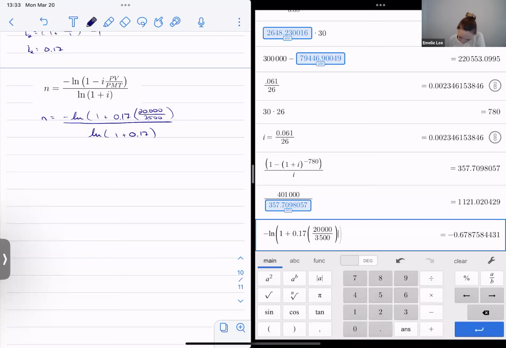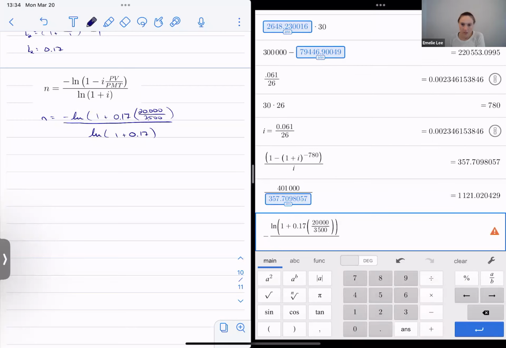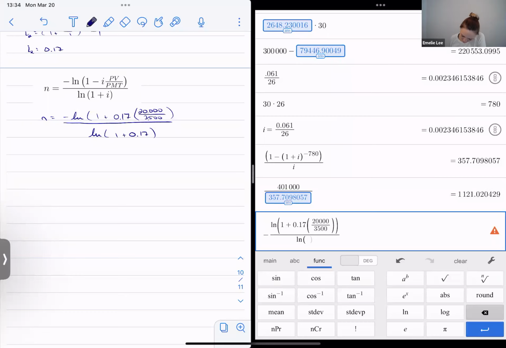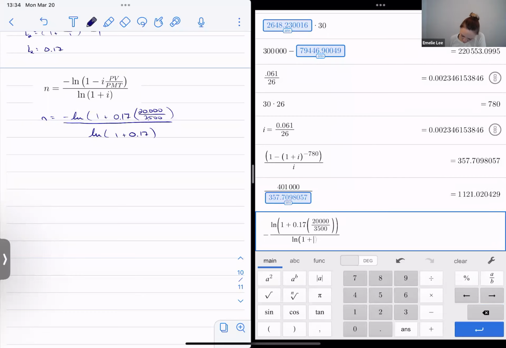Close that bracket. Close that bracket, divided by, making sure that it looks the same. Now that negative in front of the numerator is allowed to drop down in front, so that's okay. And then divided by the log of 1 plus 0.17.